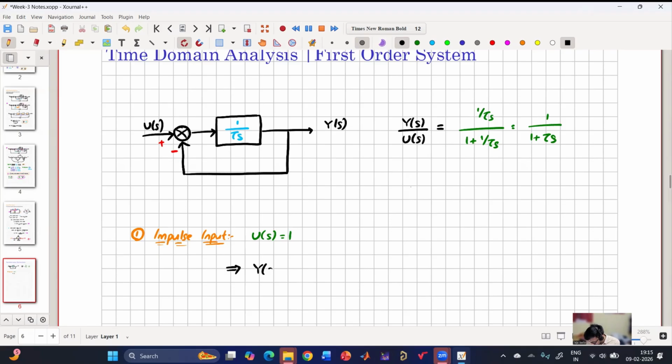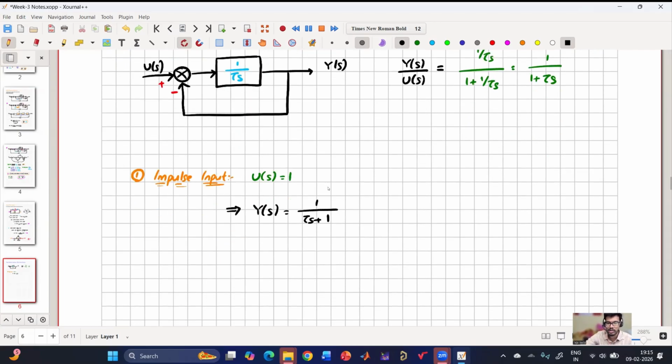So now my y of s is 1 by tau s plus 1. So now can I calculate y of t from here, using the knowledge that we have learned last week? First, I'll take tau common in the denominator, so I'll have s plus 1 by tau. So from this, y of t is 1 by tau in the front, and then e to the power minus t by tau, right?